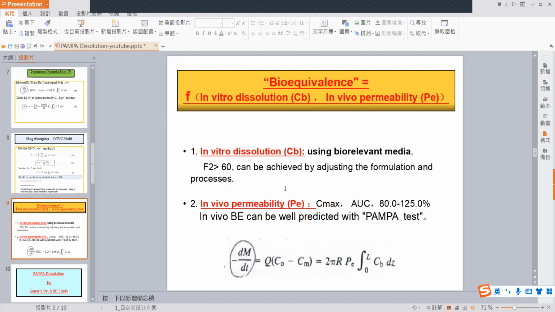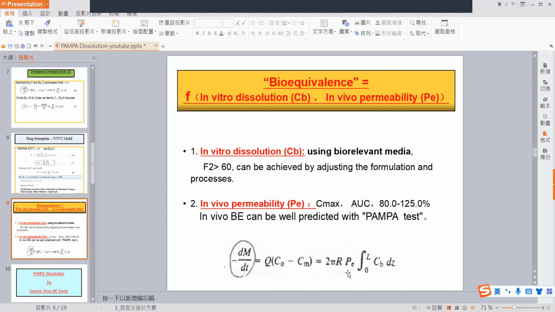And in terms of P, we can use the so-called PAMPA test. That PAMPA test was developed maybe 30 years ago. Until today, we combine these two parameters together so that predicting BE can be feasible by using, first, bioequivalent media and, second, the PAMPA test.